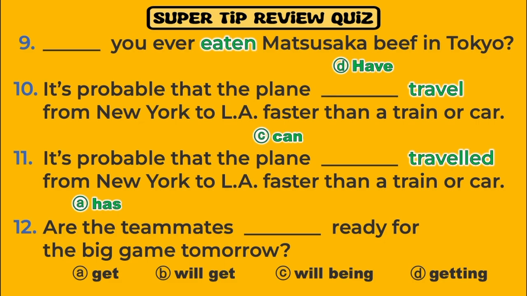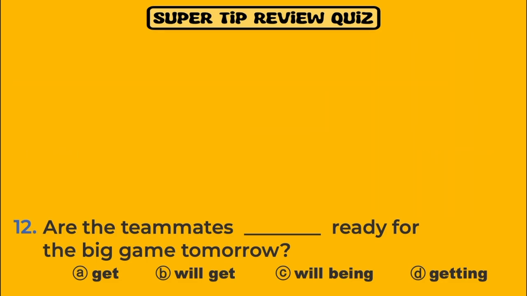Okay, number 12. Are the teammates ready for the big game tomorrow? Let's focus on this one. We've been doing reverse signals, but in this one, do we have a signal here? Do we have a helping verb? We do. Ready is not our focus here. Ready is an adjective. It doesn't help us. We don't need a reverse signal. We have our regular signal.